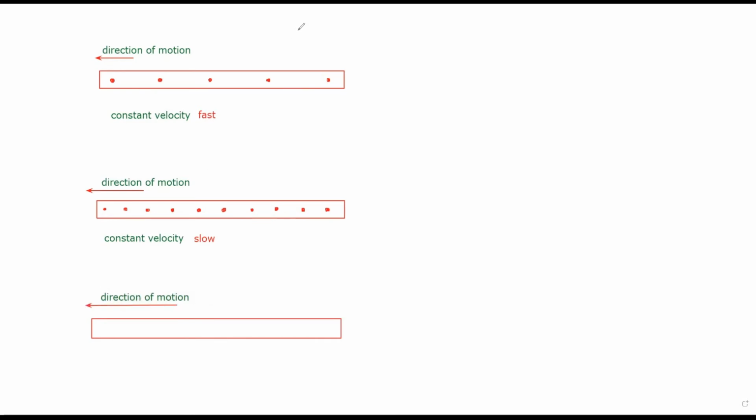Now, you see in between, this is called one tick. The distance of one tick here is getting further. You see, at first it is near, and then far, and then far, and then very far, and then very, very far.